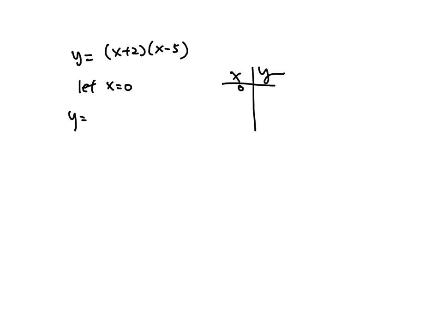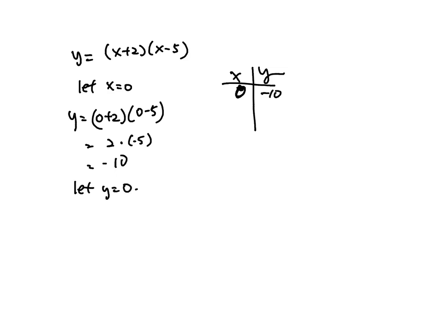y equals (x plus 2)(x minus 5). So let x equal 0. You get y equals (0 plus 2)(0 minus 5). This is 2 times negative 5, which is negative 10. Now, if you let y equal 0, you get 0 equals (x plus 2)(x minus 5).